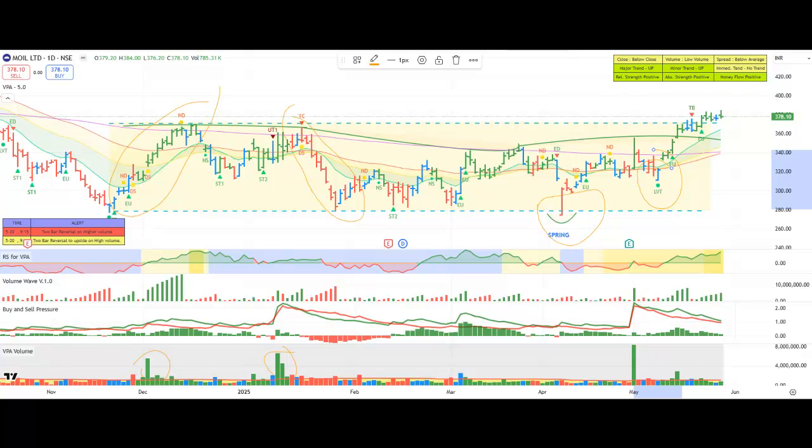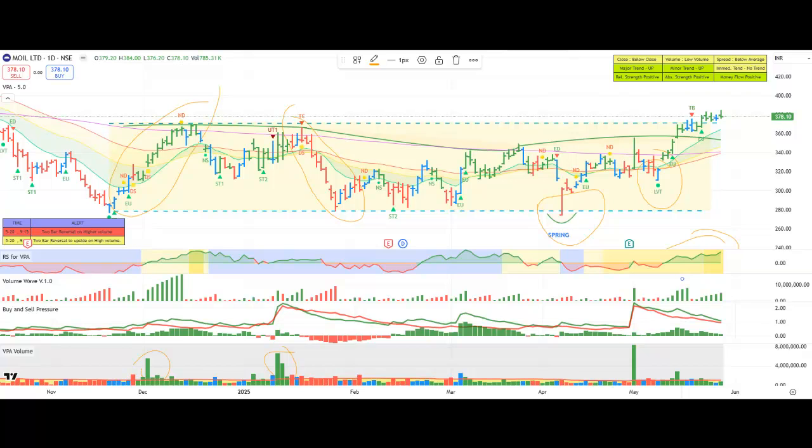So it has gone beyond all the short-term moving averages and the long-term moving averages, and you can see the relative strength is also becoming positive, and you can see here the buying waves are becoming stronger, the buying pressure is still there, the volume has started increasing here, and this is inching out of the accumulation zone here.